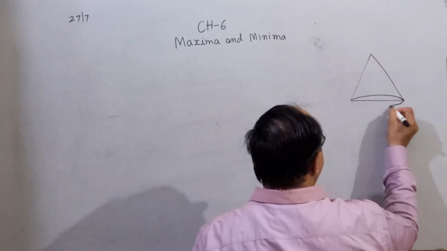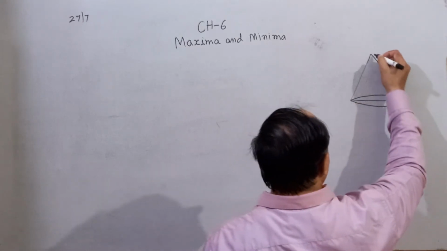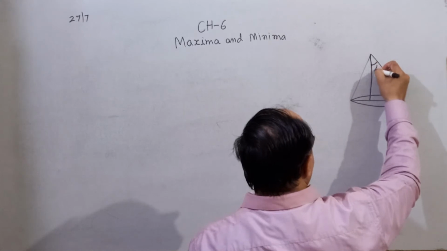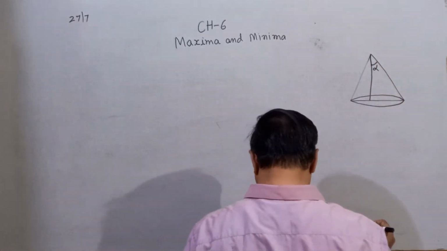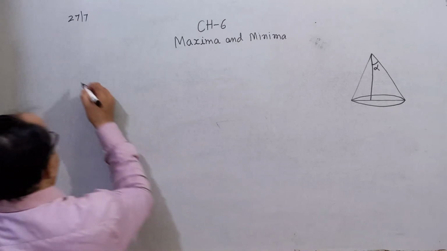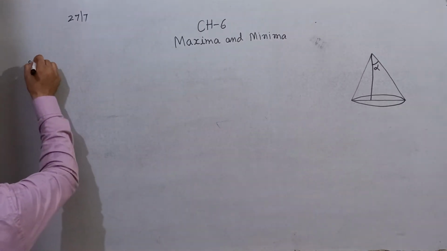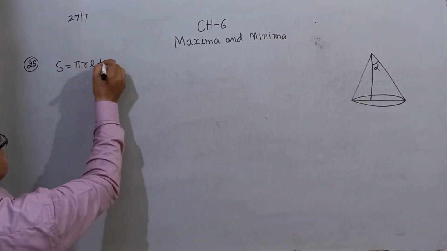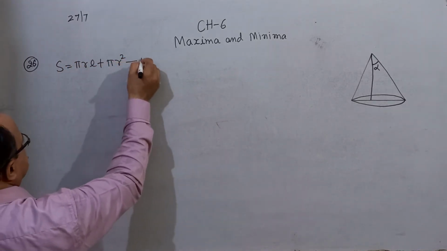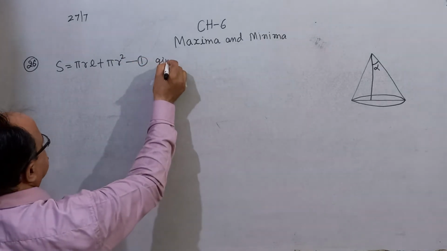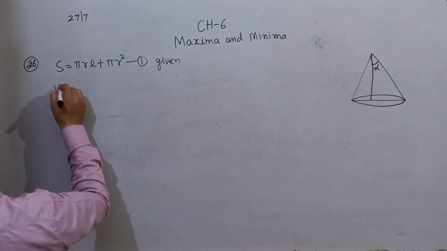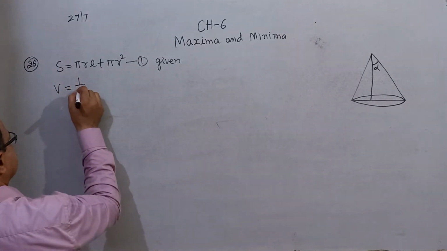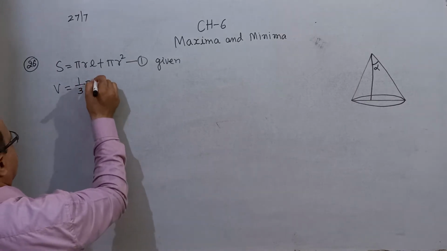In this question, this complete angle is the vertical angle, and this angle is alpha, the semi-vertical angle. What is given in this question? The surface area is given: pi RL plus pi R square. And we have to maximize the volume of the cone, that is 1/3 pi R square h.